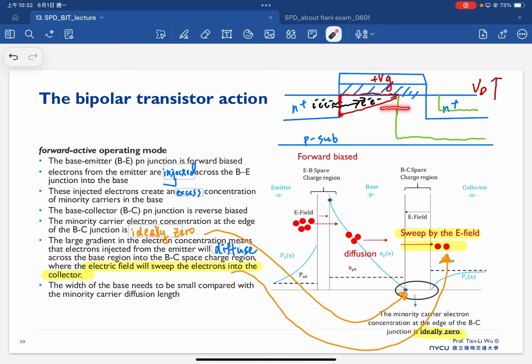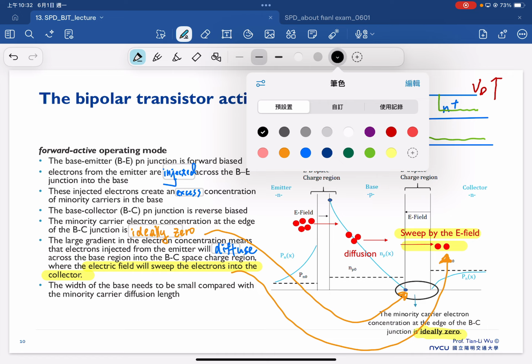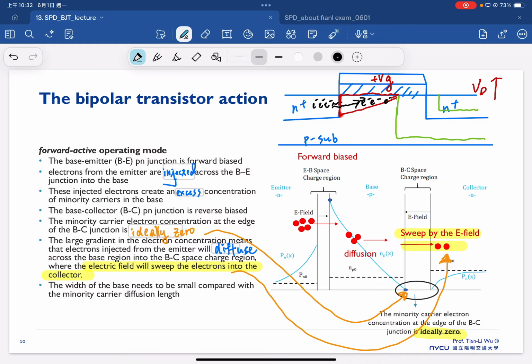So therefore, electrons will be able to go through this reverse bias region due to the electric field, swept by the electric field, and in the end become the drain current to reach the drain side.